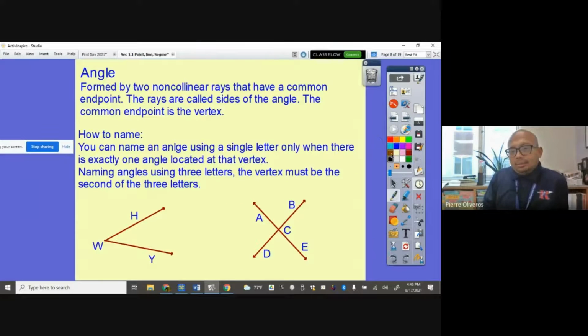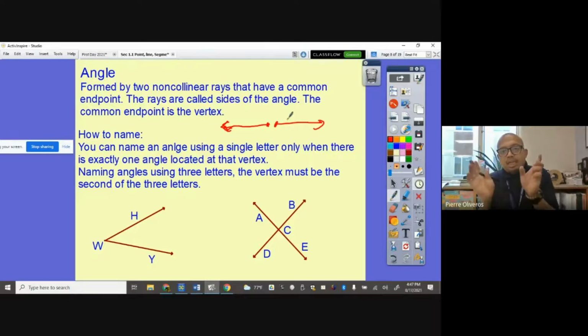And an angle is formed by two non-collinear rays. A collinear ray will be like an opposite ray. You know, these are opposite rays. If you connect those opposite rays and they have the same endpoint, it will make a line.